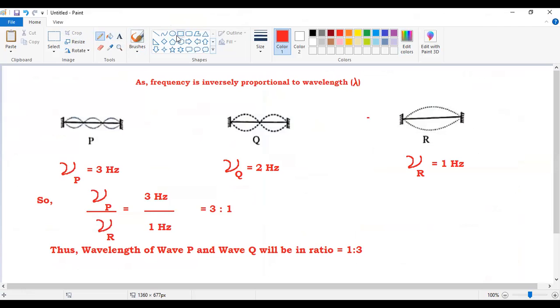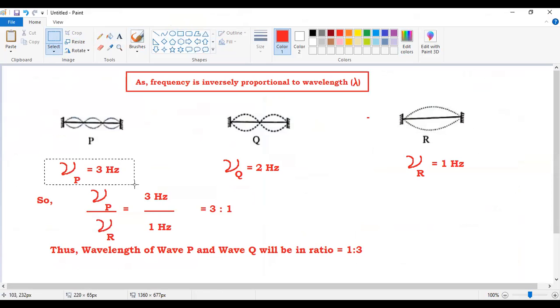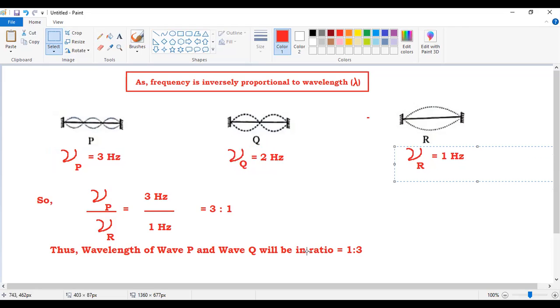As we know that frequency is inversely proportional to wavelength. So if we see frequency of wave P, there are 3 vibrations. So the frequency is 3 Hertz. In case 2, for Q, we are having 2 vibrations. So frequency of Q is 2 Hertz, while frequency of third is 1 Hertz.